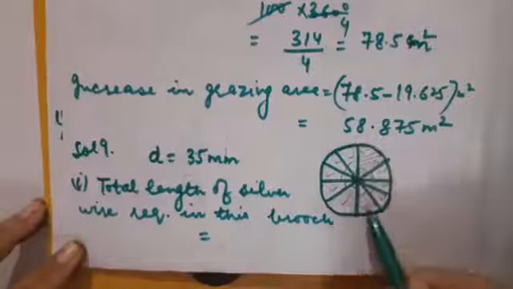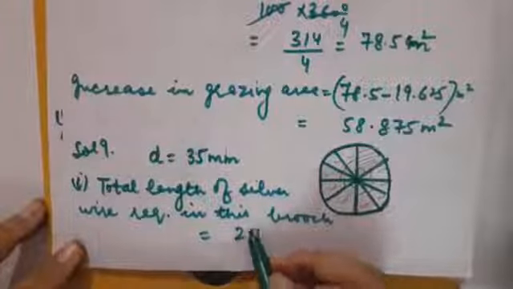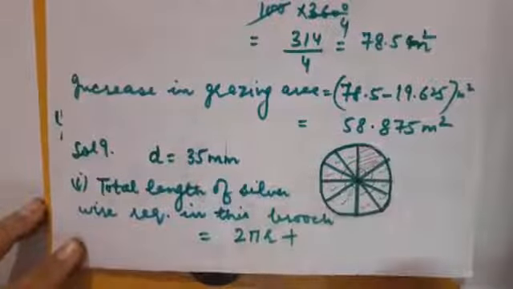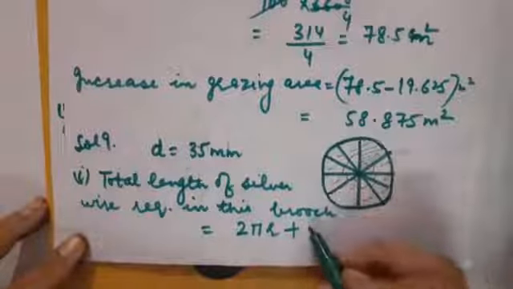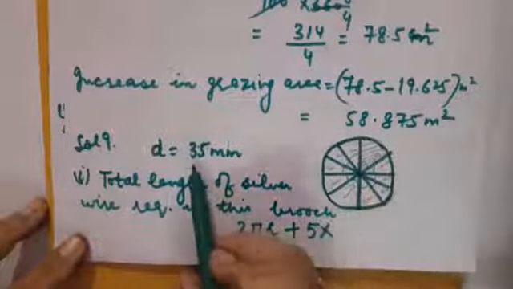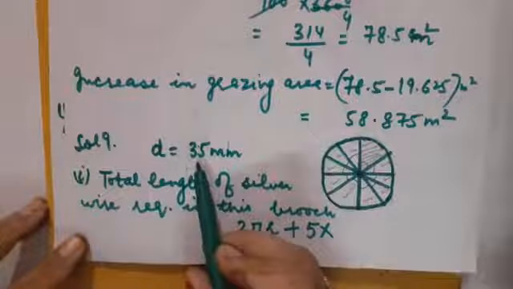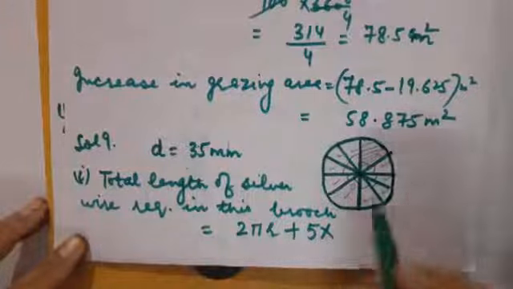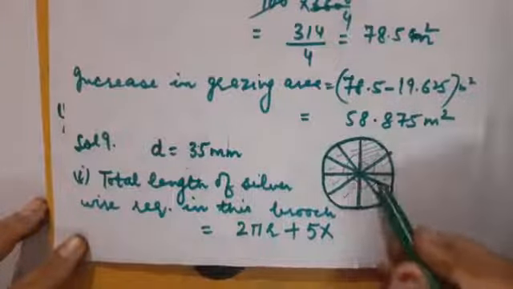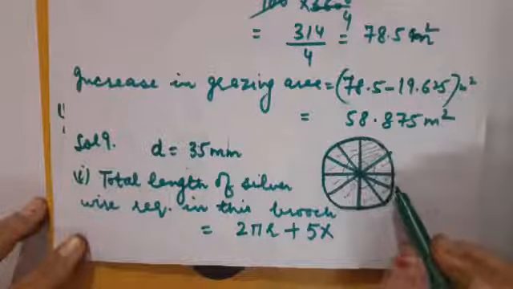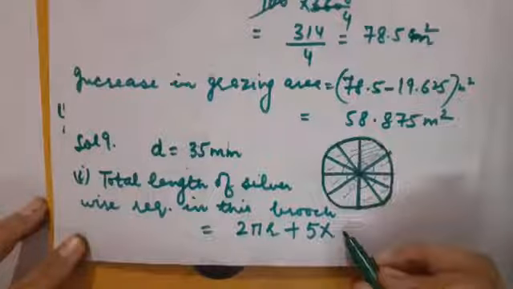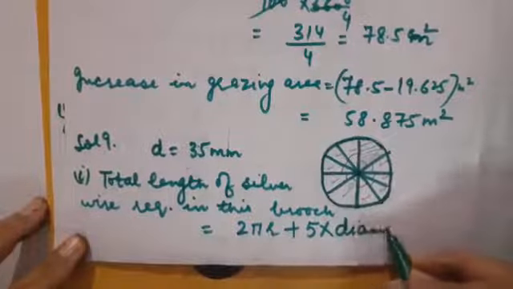First of all, it is used in circumference, that is 2 pi r, plus 5 diameters are there. So if the length of one diameter is given, 35 millimeters, and I multiply it by 5, then I can come to know about all these lengths which are drawn in this figure. So this is 5 into diameter.